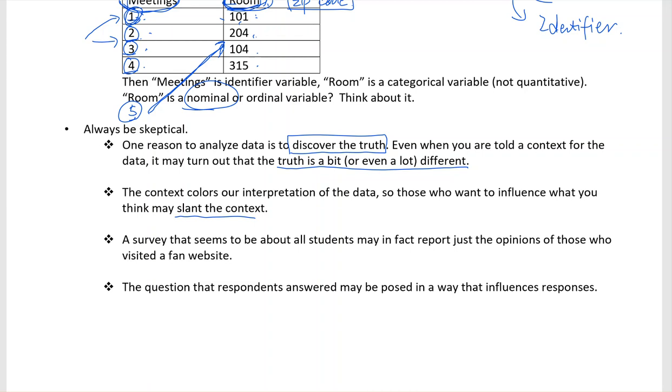All right, so what does that mean? It is clear, right? The question may be posed in a way that influences the responses, so your responses can be influenced by different situations.